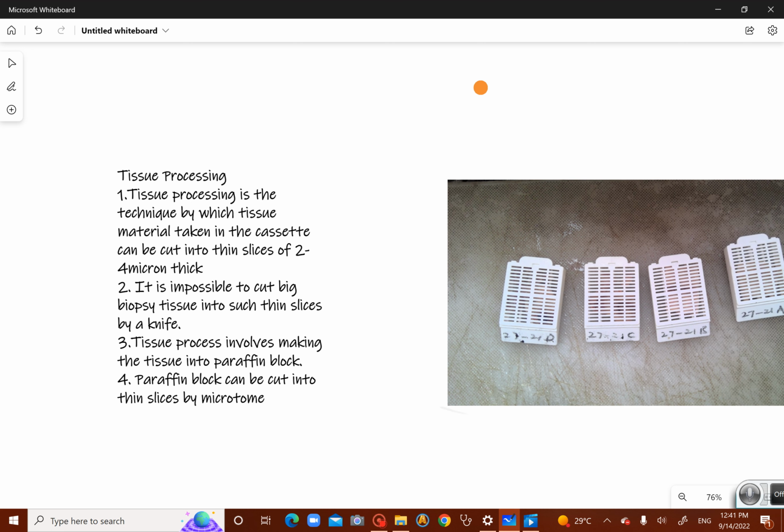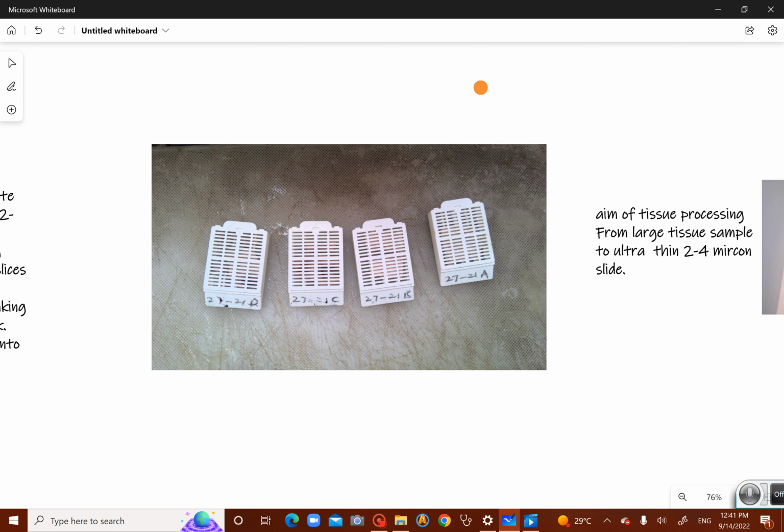Now, in the last grossing, we ended up showing you the cassette over here, and this contains the specimen taken from biopsy, specimen taken from grossing.